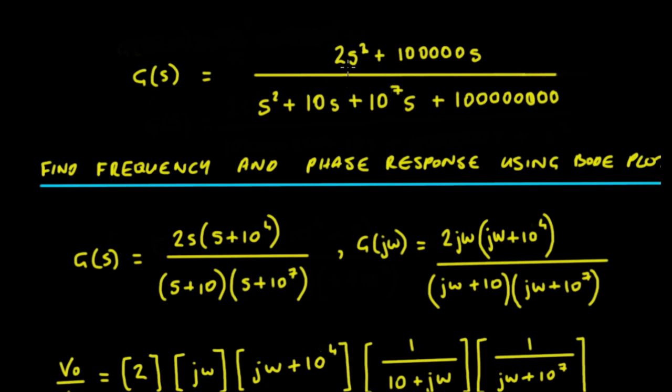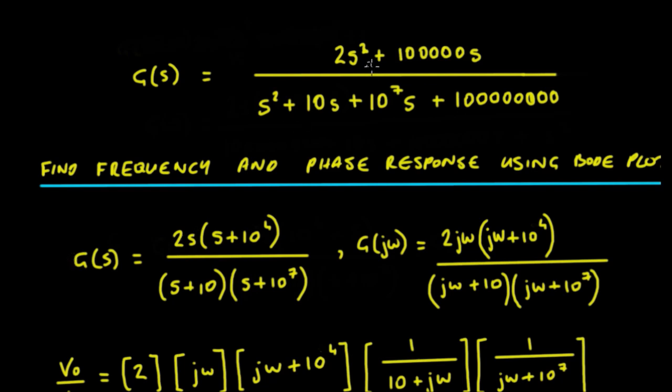It's 2 s squared plus 10 to the 4, over s squared plus 10 to the 7 s plus 10 s plus 10 to the 8. We're being asked to draw out the Bode plot, so the magnitude against the frequency and the phase against the frequency. So let's go ahead and see how to do that.